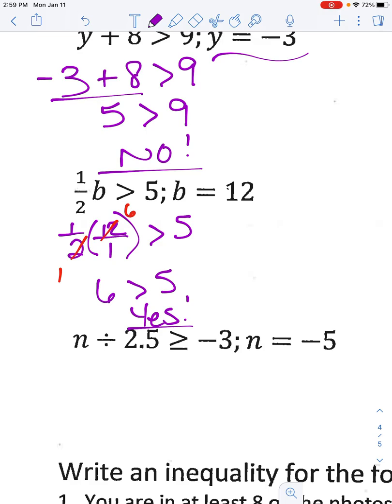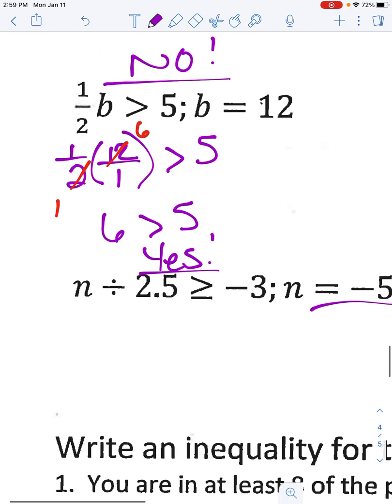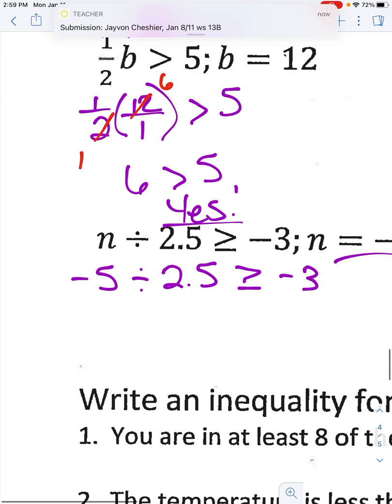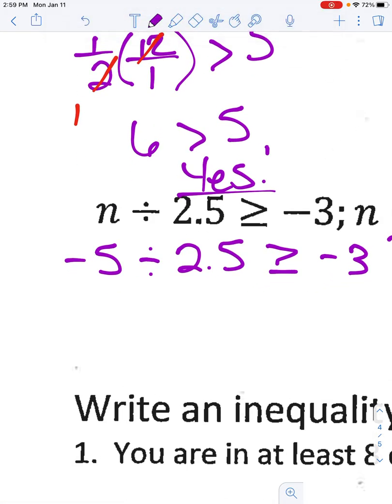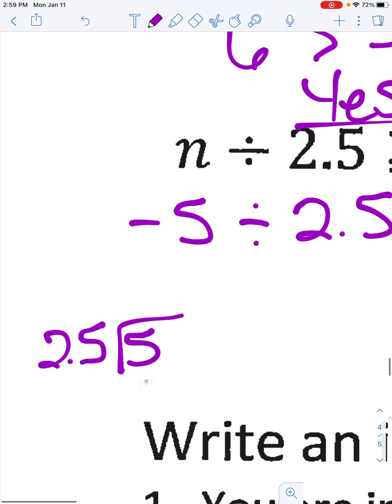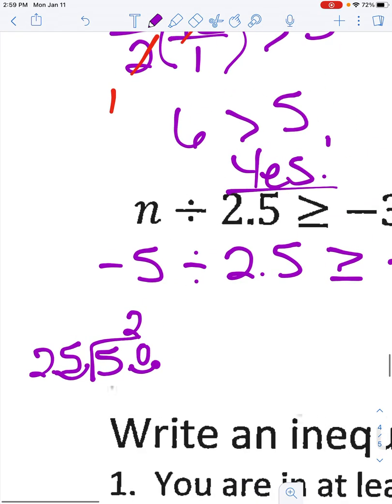Look at the next one. N divided by 2.5 is greater than or equal to a negative 3. Can n be a negative 5? Negative 5 divided by 2.5 is greater than or equal to a negative 3. Remember, first number always goes on the inside. 5 divided by 2.5, you may not have a decimal on the inside.